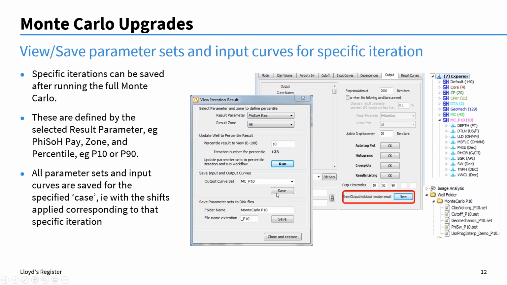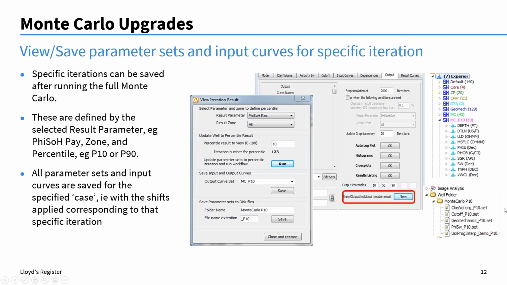You can then save the curves and save the parameter sets that were used in that particular run, that particular iteration of Monte Carlo. Because all the parameters that you've put uncertainty on, there was a specific number that was shifted to each parameter for that case, and likewise for the log curves.